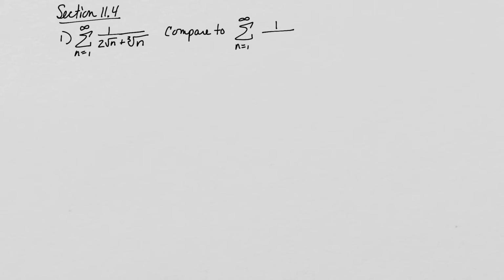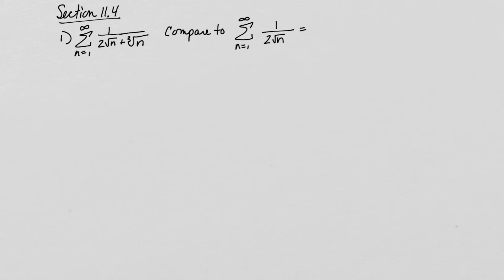On the bottom, I have two pieces here: one is 2 square root of n, and the other is the cube root of n. So I'm going to pick the 2 square root of n. I know in the solutions I picked square root of n, you could use either one, but the bigger piece, so if you think about the square root of a number and the cube root of a number, the square root of a number is bigger.